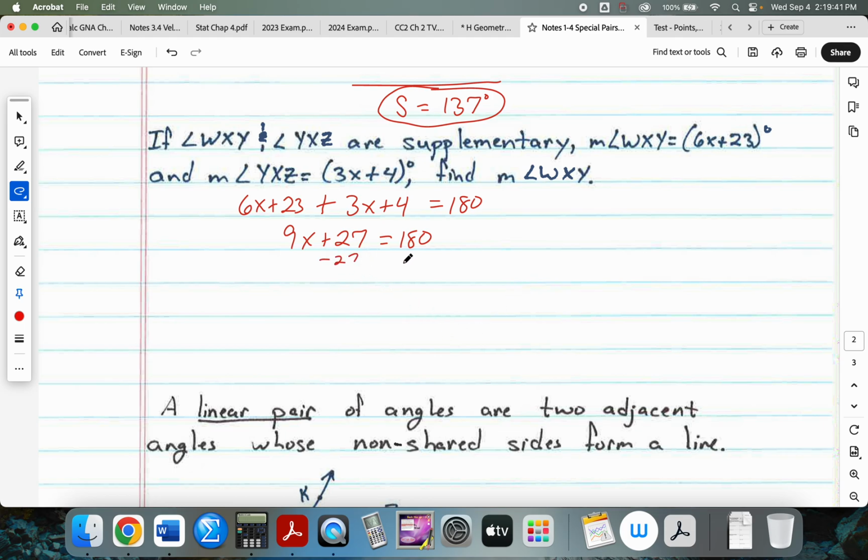Subtract 27 from both sides. You get 9x is 153. So x is, what is that? That's 90, so that's 63. x is 17.